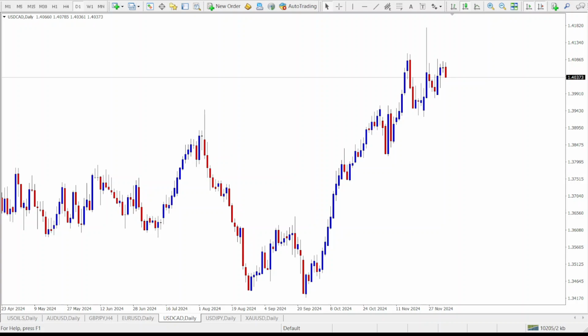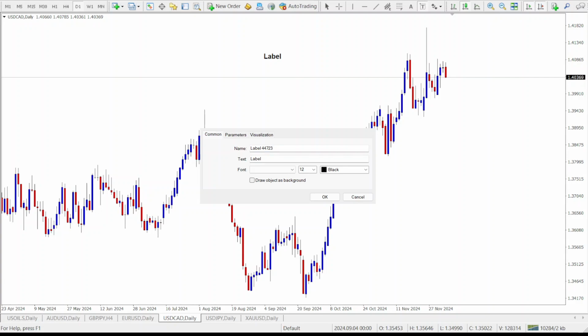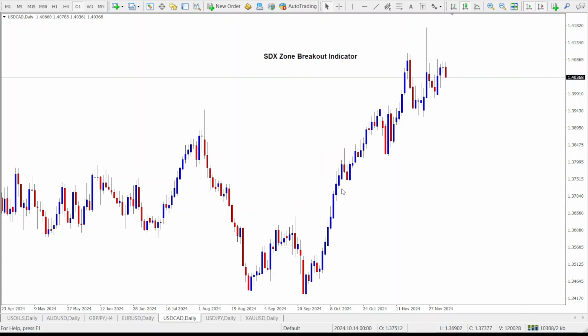In this video, we will discuss the SDX Zone Breakout Indicator. For the purpose of clarity, I will just write out the name of the indicator right here on the chart. The SDX Zone Breakout Indicator is a custom indicator that is designed to help identify breakout opportunities based on price action after the Asian session.